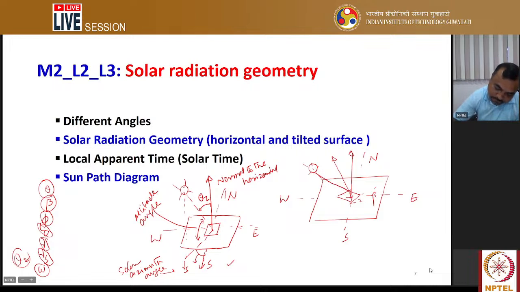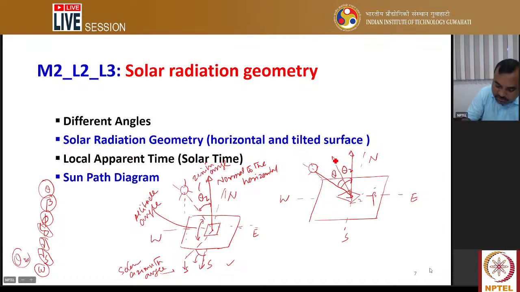Okay. So this should be a straight line. So this angle is theta, and if it makes an angle with the normal to the horizontal, then it becomes theta z, or this is called the zenith angle. And theta is the angle of incidence.